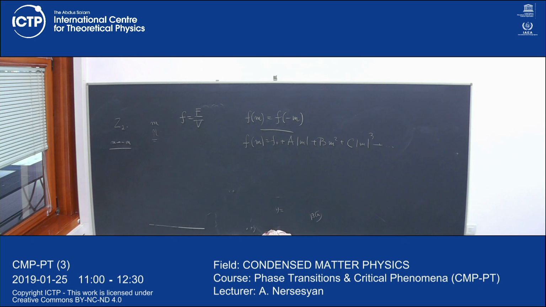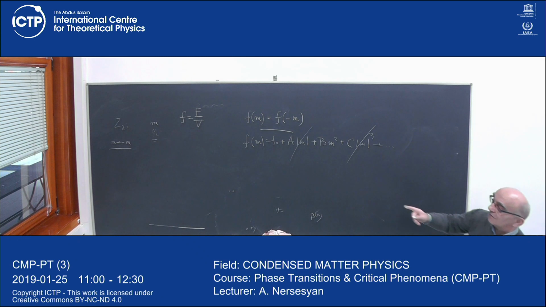This is not what Landau had in mind. There is such a possibility to have this kind of expansion, but it's a very special occasion. Maybe one day we'll discuss it as well. Landau completely eliminated terms like this and like this, because these terms break analyticity. So this function is a polynomial function of the modulus of M. Of course, it is a continuous function, but it is not, generally speaking, an analytic function.